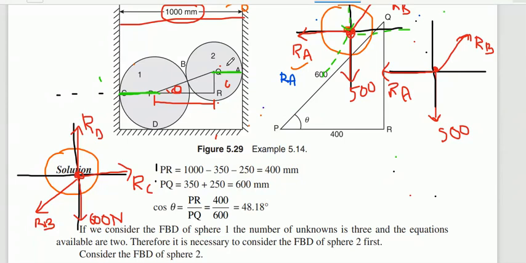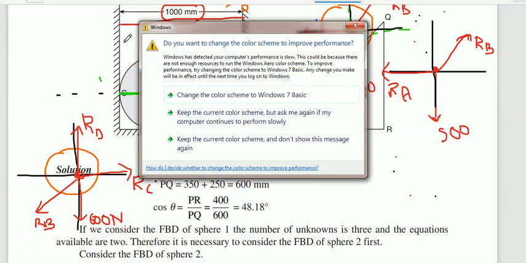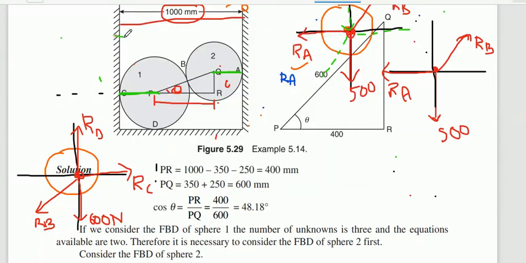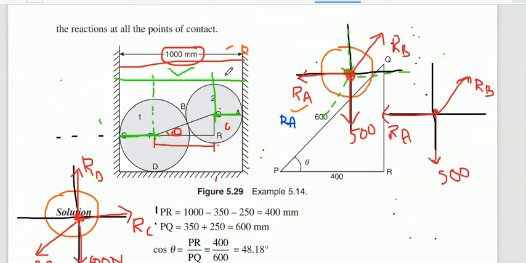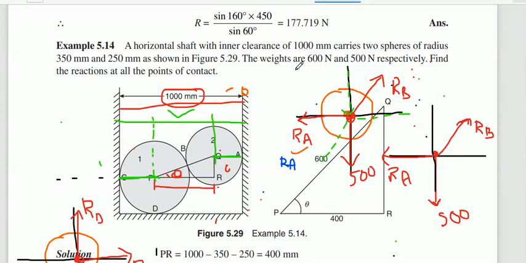Okay. In order to find this distance, we have a total of 1000, but we want PR, the middle portion. The radius we know: the spheres have 350 mm and 250 mm radius.